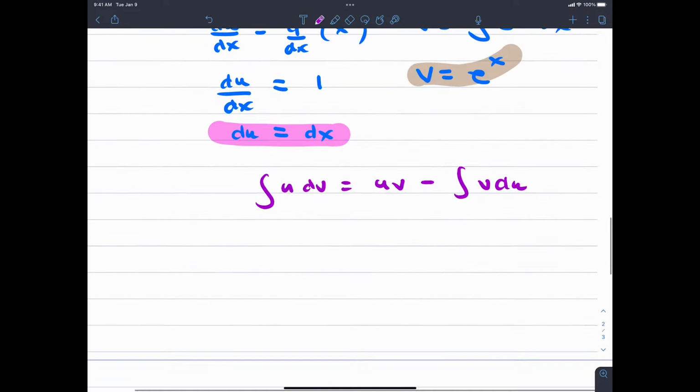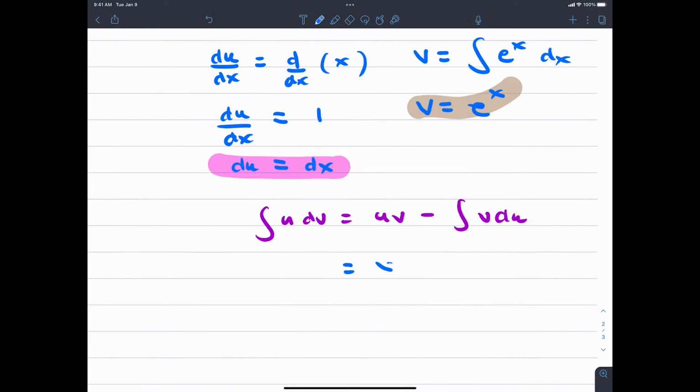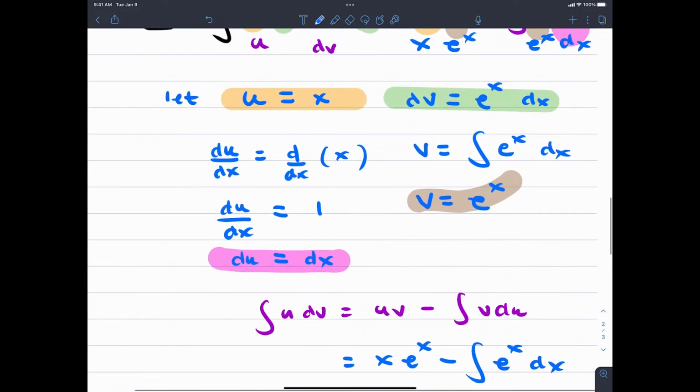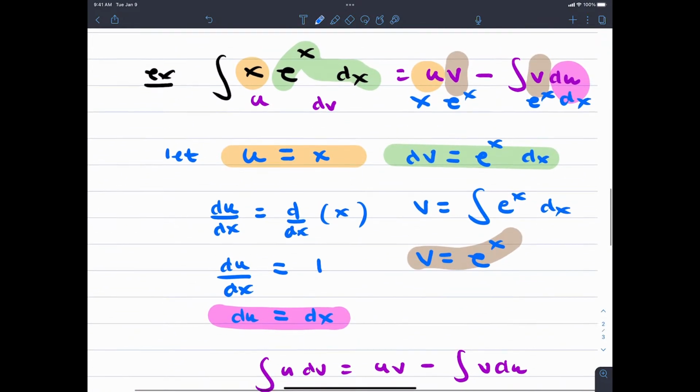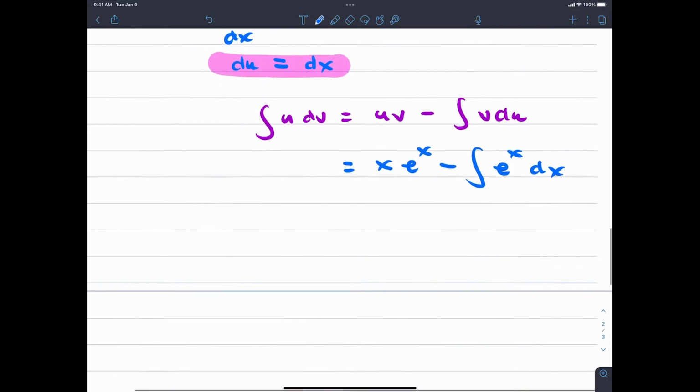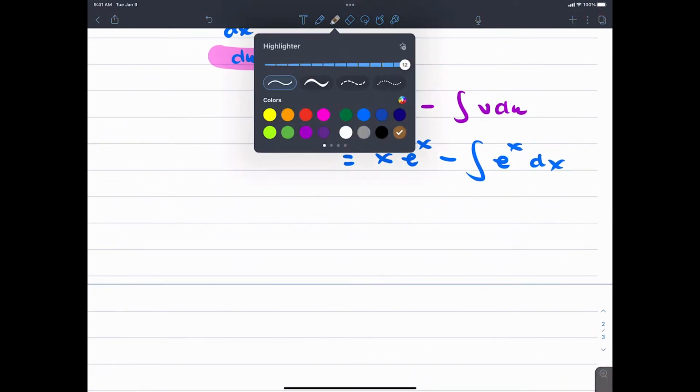So I know what u and v are. This is x e to the x minus the integral e to the x dx. Okay? So take a look. This is that integration by parts formula.